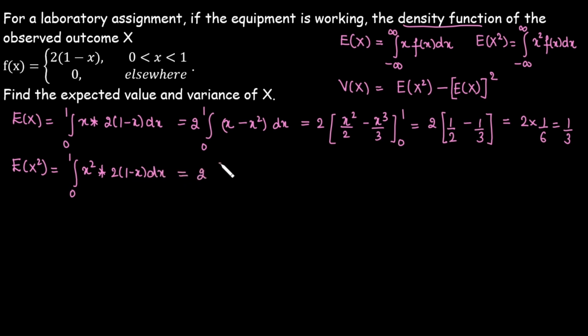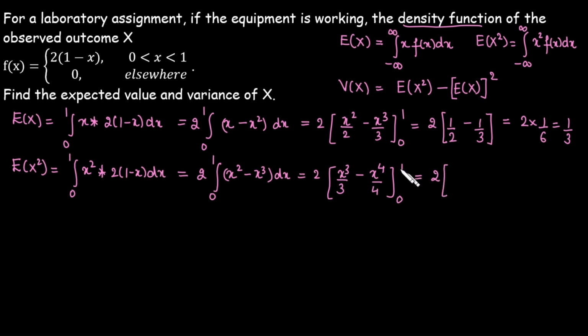Taking 2 outside, 0 to 1 integration, x square into 1 is x square minus x square into x is x cube. Now take its integration. X square integration is x cube by 3 minus integration of x cube, that is x raised to power 4 by 4. Limit from 0 to 1.